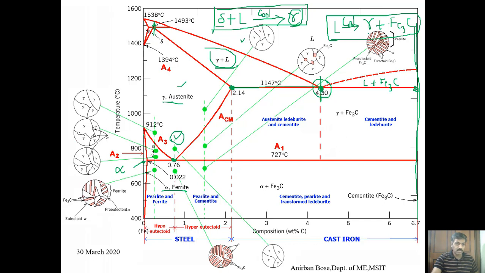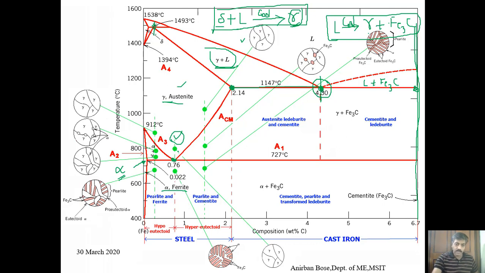Another one is in between 912 and this, within this range, and another one you can see at lower temperatures. That one is the alpha iron or ferrite, and the crystal structure of alpha iron is again BCC, similar to this one, but obviously they have different lattice parameters.